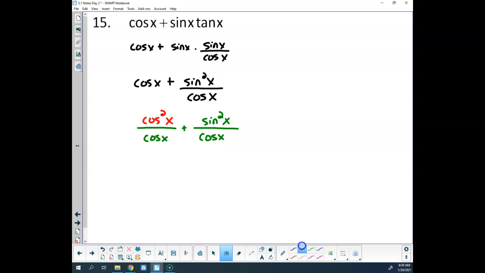First one needs a cosine and another cosine added to the top, or multiplied to the top.